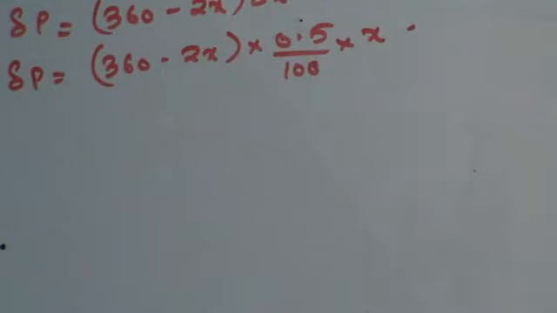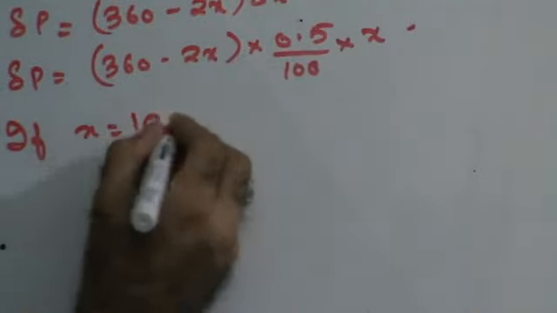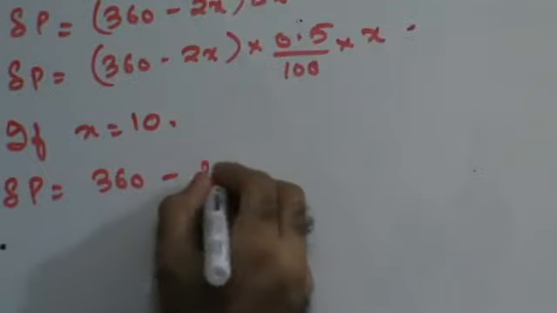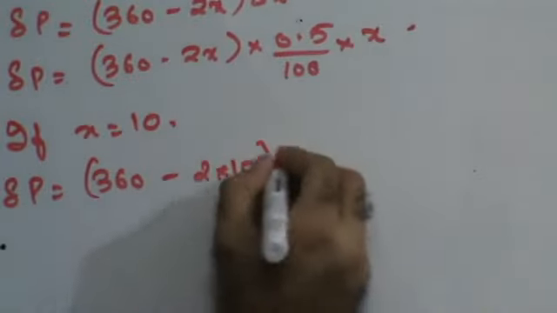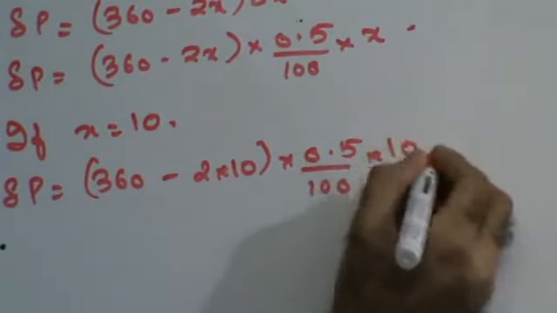So we found the error in profit if the number of units is 10. Now if x is equal to 10, the error in profit is 360 minus 2 into 10 into 0.5 upon 100 into 10.